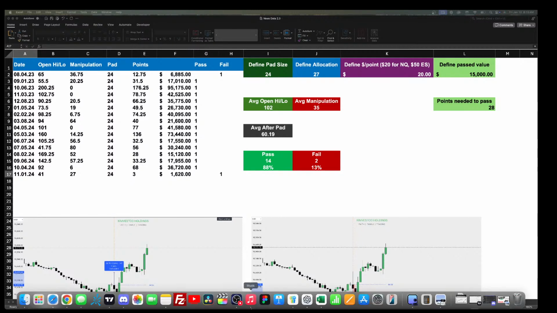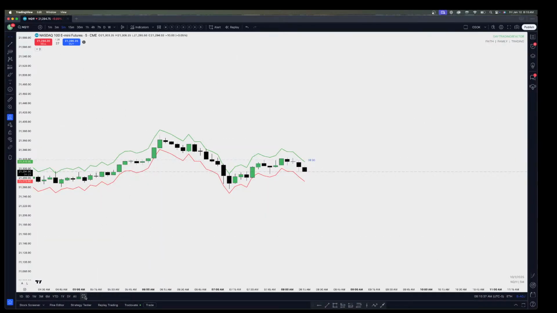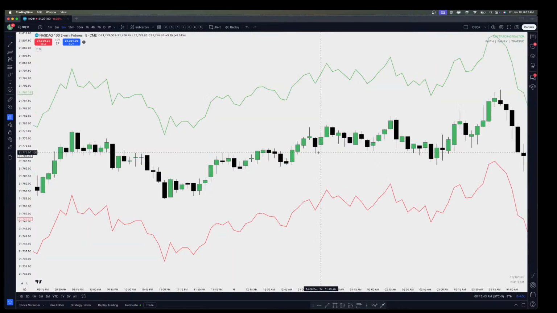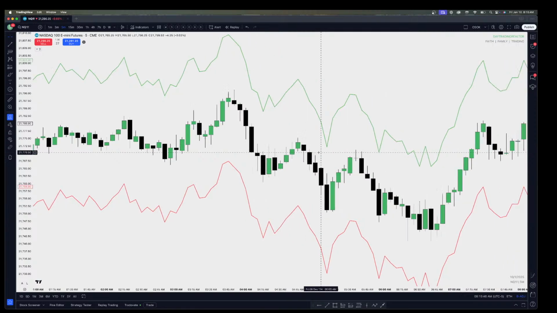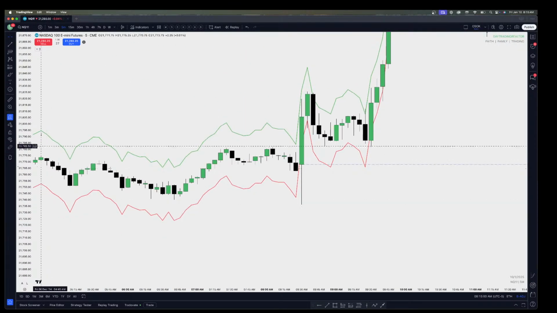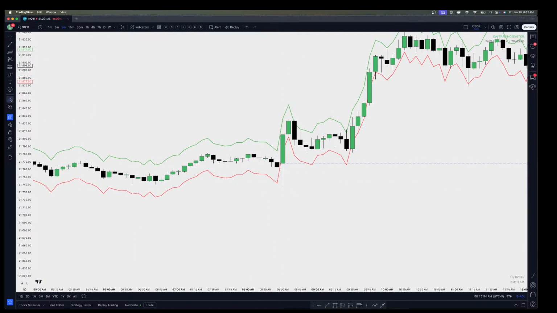So let's go back and look at the last news event for NFP, which was in December the 6th. There you go. And for those who are new and don't know how to input data into the data sheet, it's really simple.